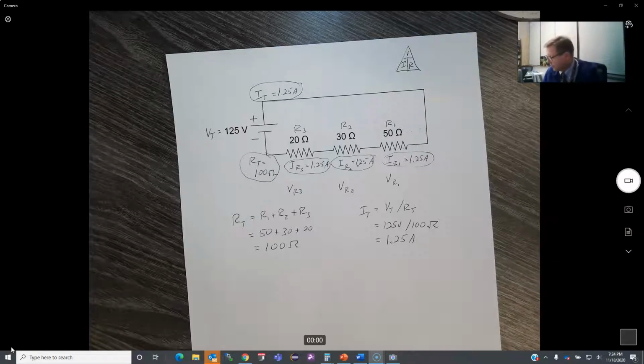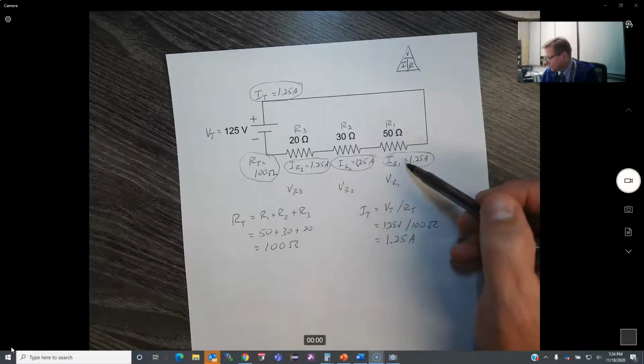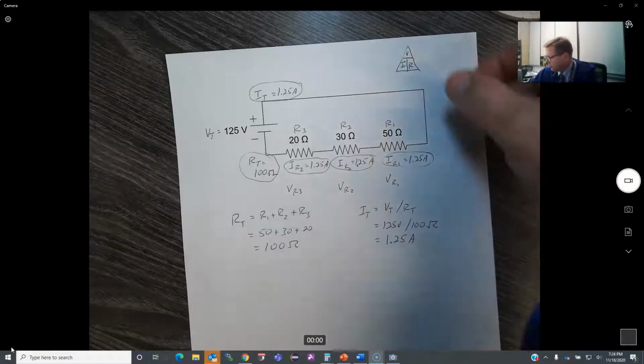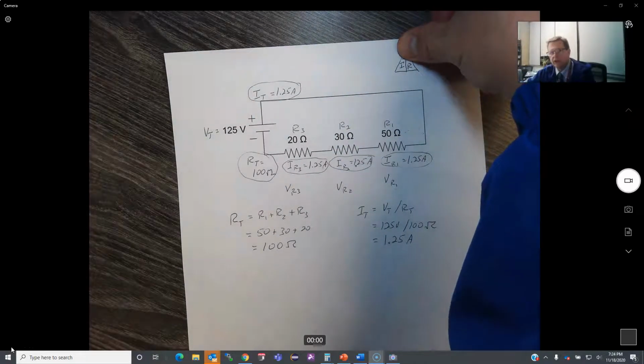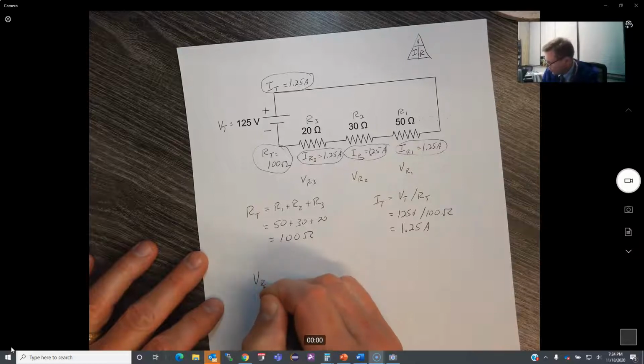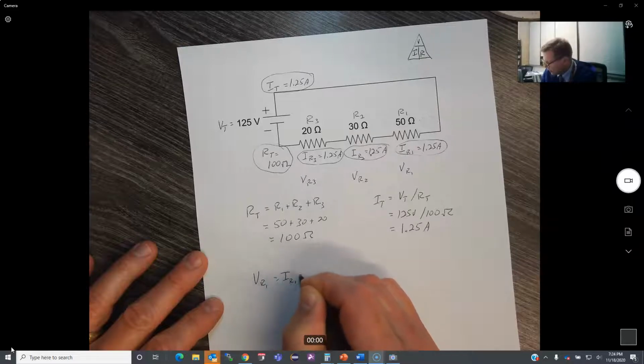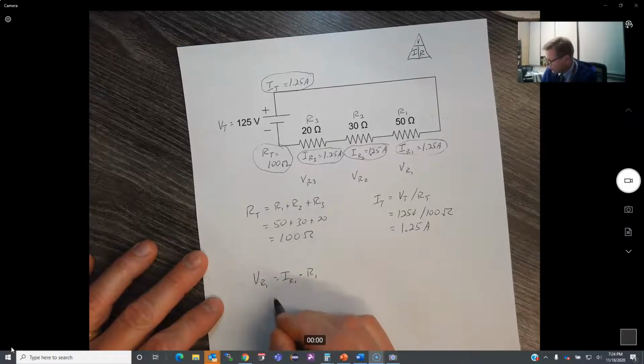So remember, again, same deal. I'm trying to find voltage, right? And I know my resistance and I know my amperage, my current. So if I hide the voltage symbol right here, it's just I times R. So for VR1, it's just going to be I R1 times R1. So what is I R1?